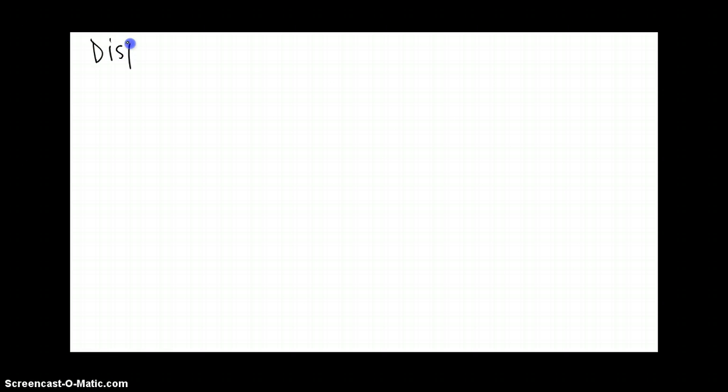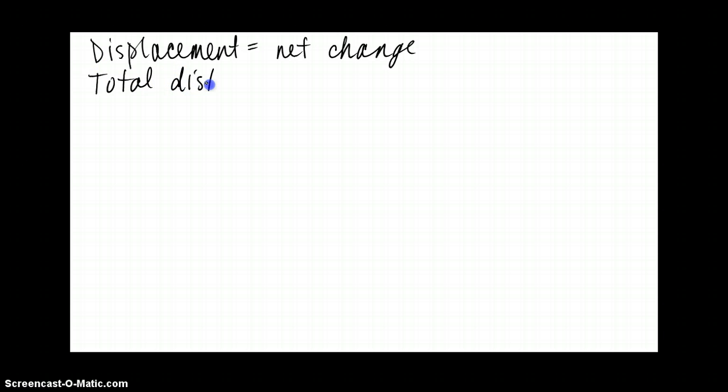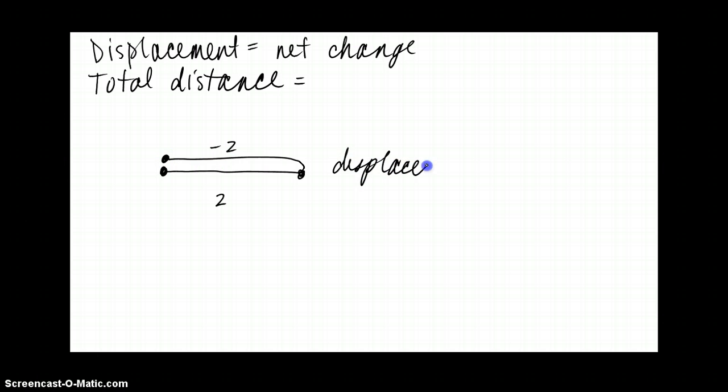Okay, so if displacement is net change, then how does that compare to the total distance traveled? All right, so think about this. We start here. If I travel 2 units to the right, but then I turn around and travel 2 units back to the left, my displacement is 0.